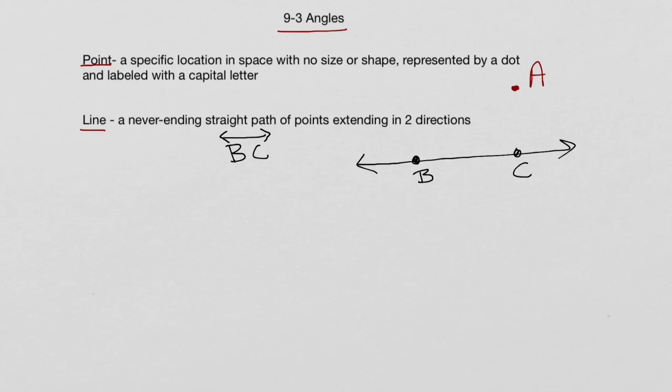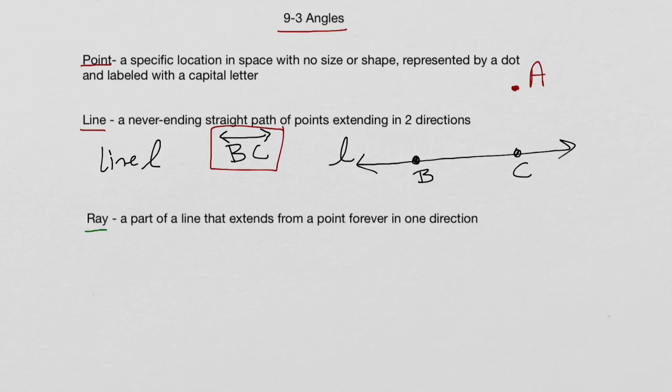I can also call that line, if I want to, a lowercase or cursive one letter. So I could also call that line L. That's a cursive L. But mostly what you're going to see in this course is a line labeled with 2 points, just like that.